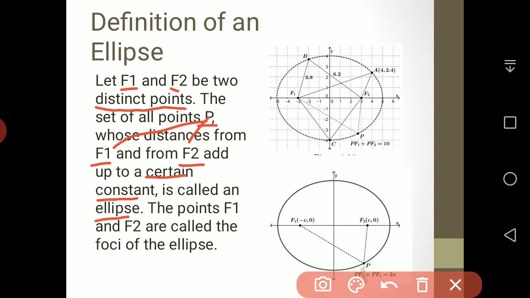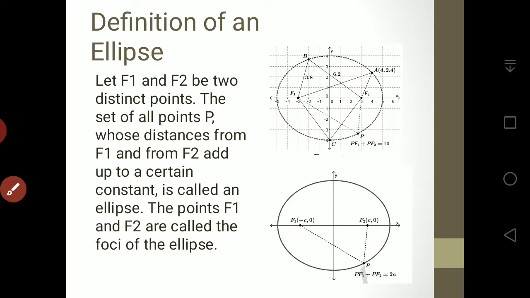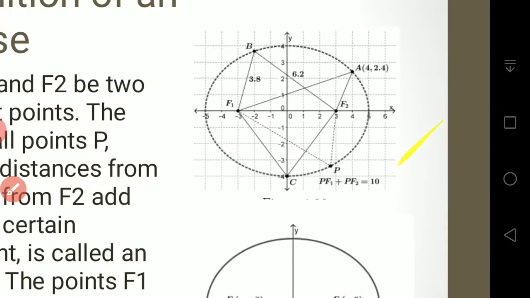So there is a certain constant that is being maintained. The points F1 and F2 are called the foci of the ellipse. Foci is the plural of the singular term focus.